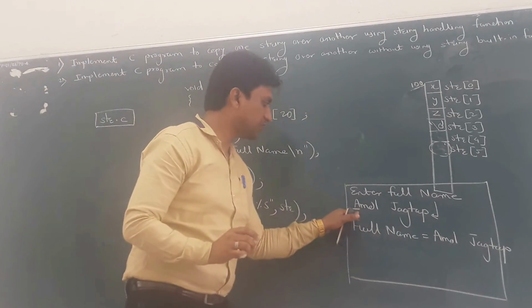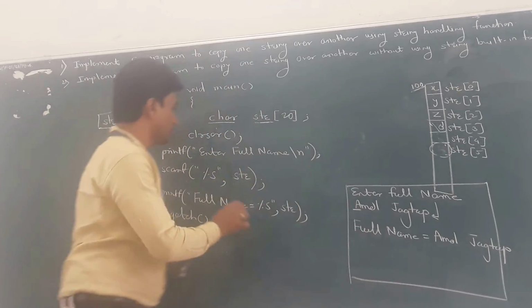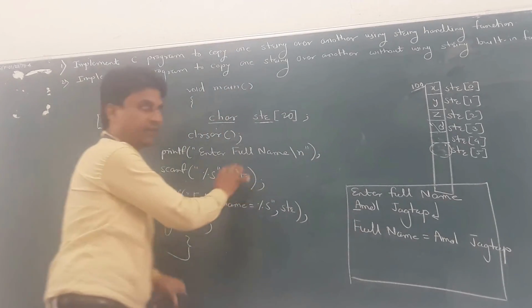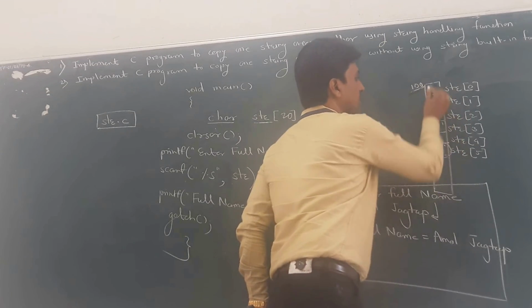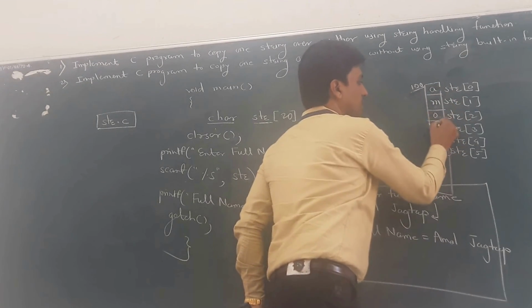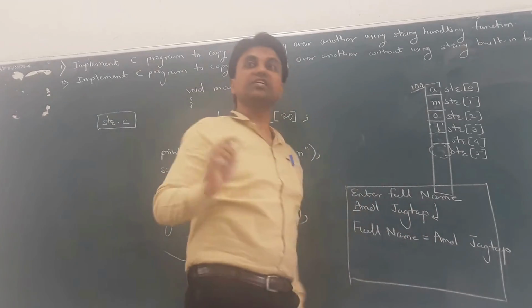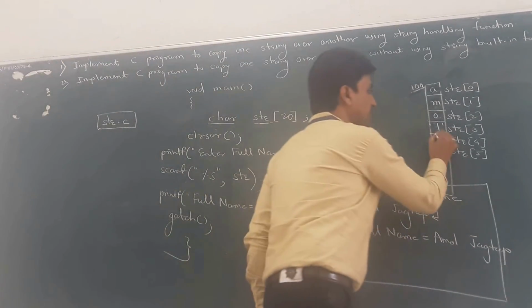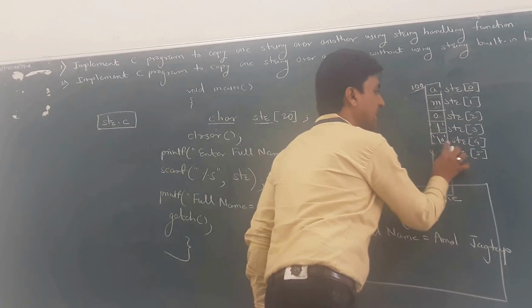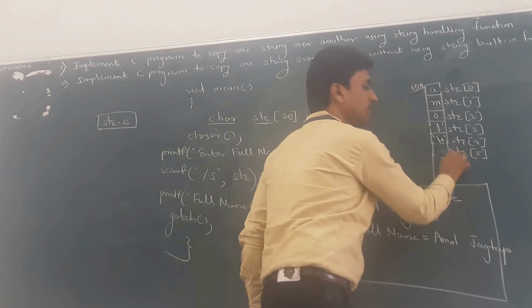Then what happens? This string is moved to the address of str, starting from this location, Amol, and this space is treated as \0 by the compiler. So \0 is added at the end.